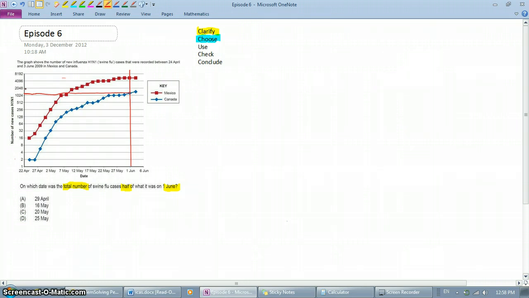This one, for Mexico, looks like, where's my line gone? There it is. A bit dodgy at the moment. This one looks like about halfway.